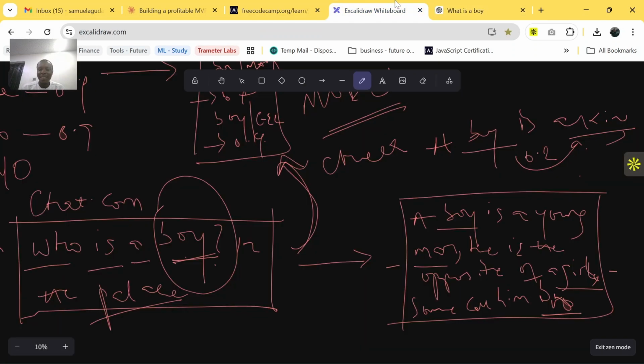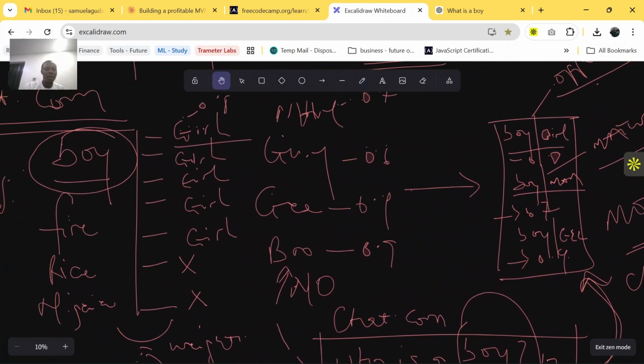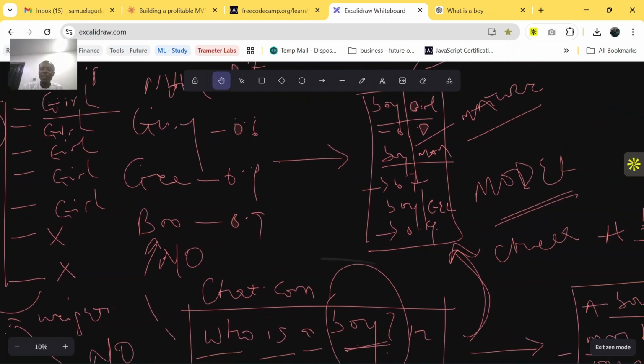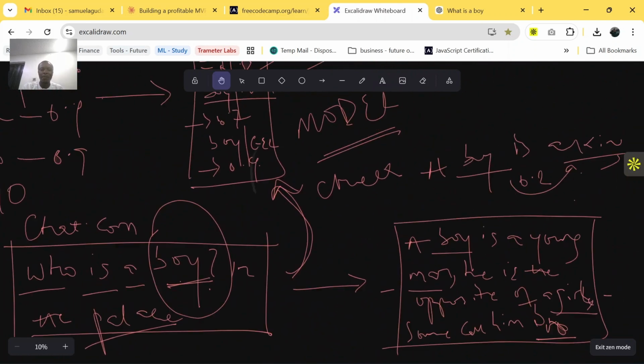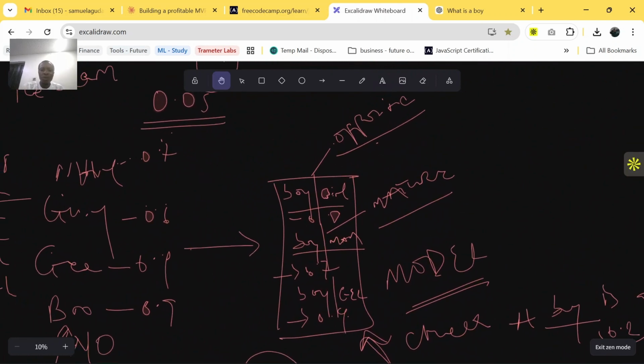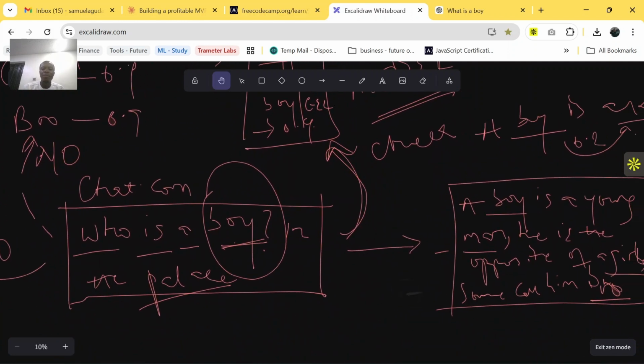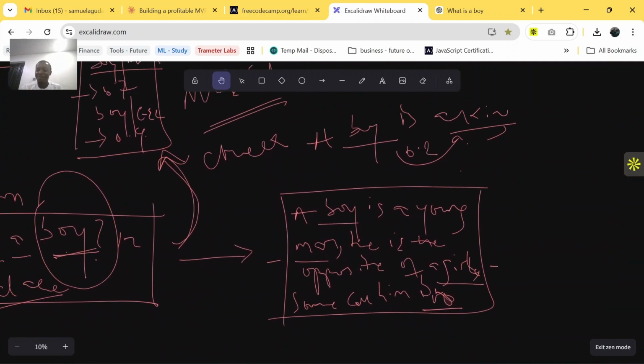It has assigned weights based on all of the data that it has learned so far between boy and man and guy and bro. It goes into the model where all those weights are saved, and it uses that information to give you a response. So when you ask who is a boy, and imagine my answer was a boy is a young man, that connection is really in sync.